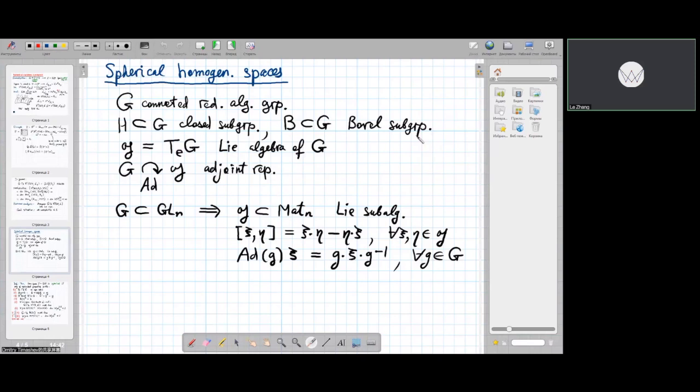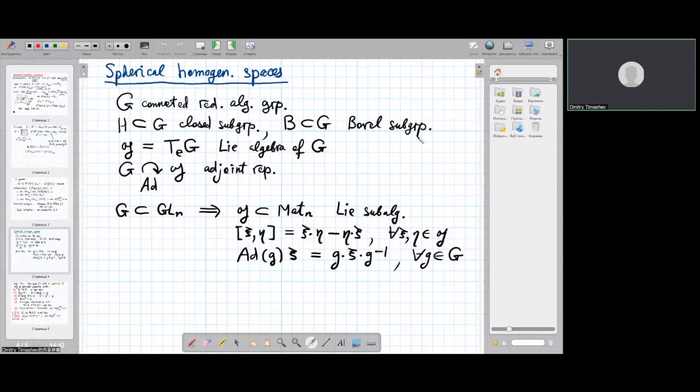Well, yeah. Of course, you may define this adjoint representation in these abstract terms, but what is the advantage of algebraic groups, at least linear algebraic groups? The advantage is that everything can be embedded into matrices, maybe non-uniquely.